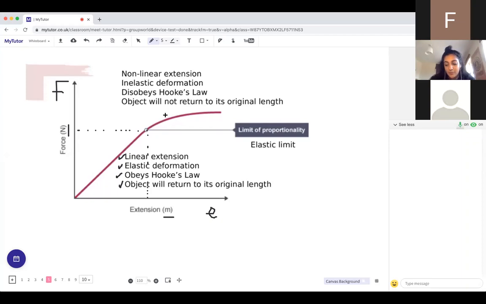After the limit of proportionality, they are not proportional to each other. We have a curved line. You need to know these four ways to describe what is going on in each part of the graph. Another word for the limit of proportionality is the elastic limit.